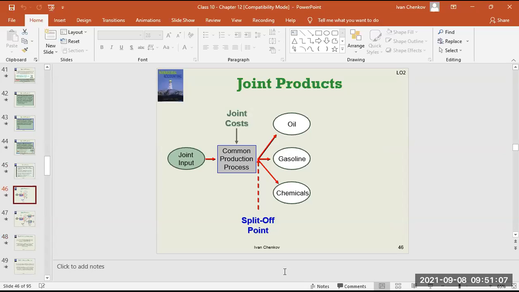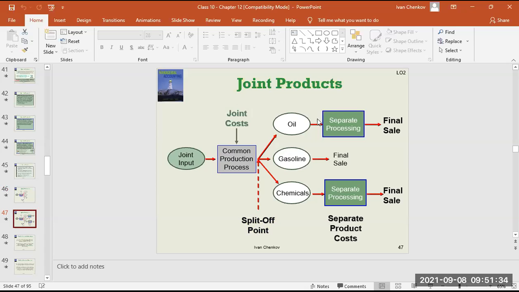Again, we're producing probably one product, and at the split-off point, we decide, okay, now let's go with oil, gasoline, and chemicals. At the point when we decide to split this product into 3 different products, it's called the split-off point.